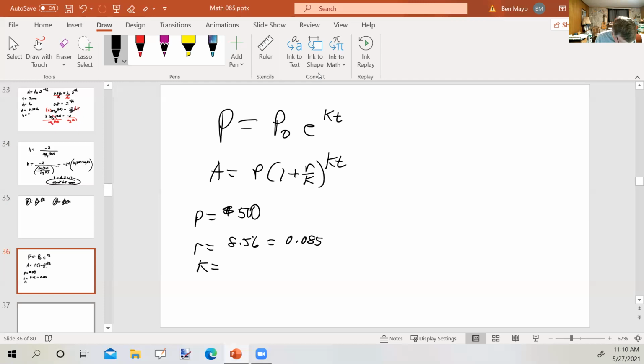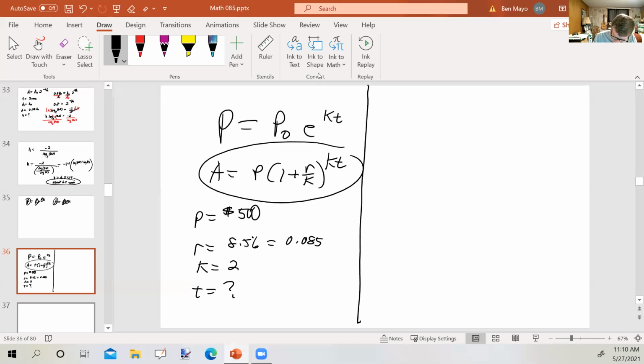The compounding semi-annually is 2, and time is the unknown. So using this formula, A equals $500 times 1 plus 0.085 over 2 raised to the 2t power.